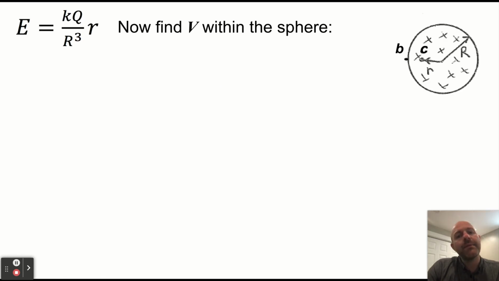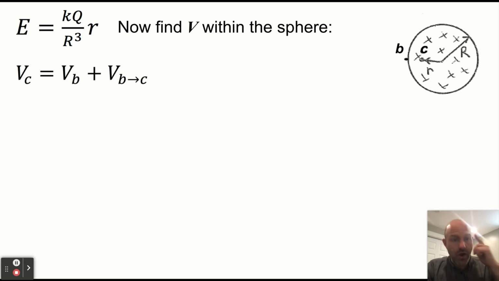But if we want to find the potential within the sphere, we have to be a little bit more careful. We could add up by integrating KQ over R, all the bits of charge around the sphere, but it's not spherically symmetric if you're at some point C, some distance from the center to the outside.